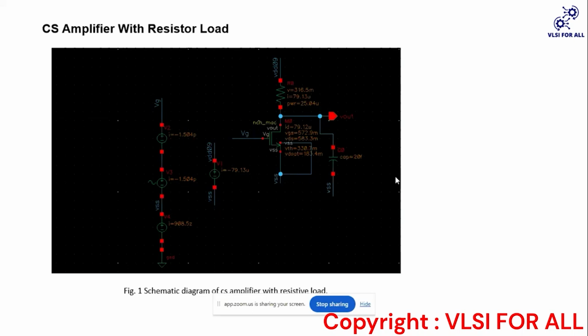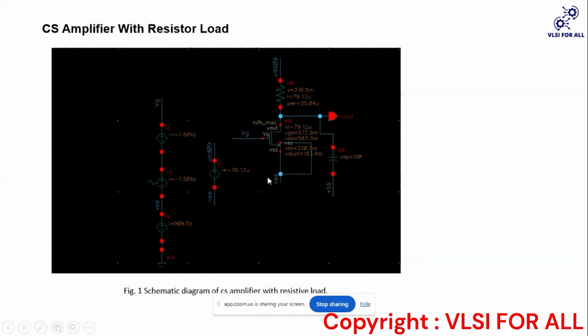So here we have a common source amplifier with resistive load. As we can see, we are applying the input voltage at the gate, taking the output from the drain. Here the source is common, we have applied one resistor, and we are giving the VDD, like 1 volt, 900 millivolt.